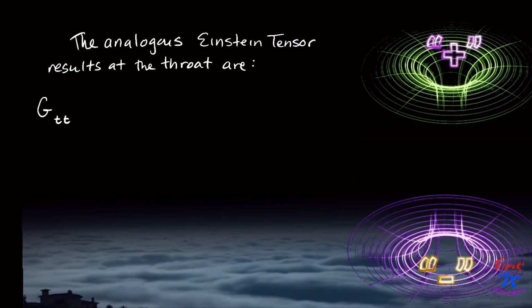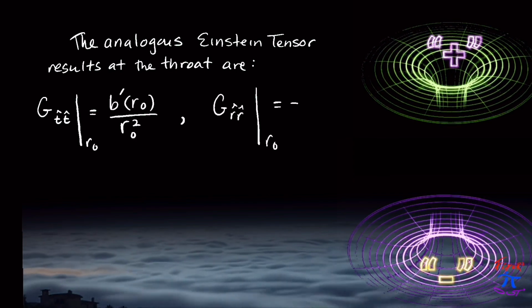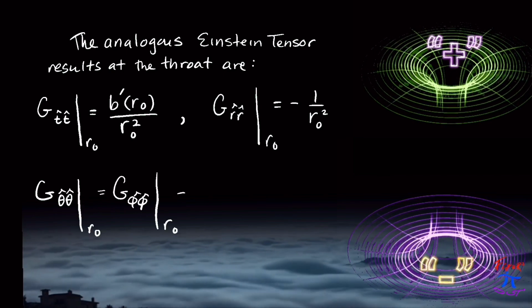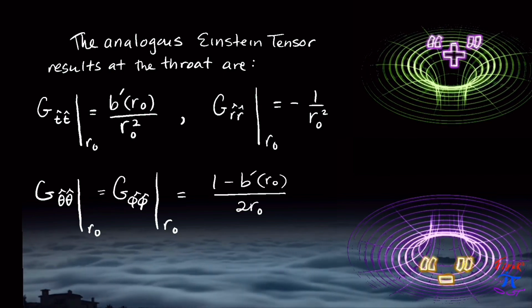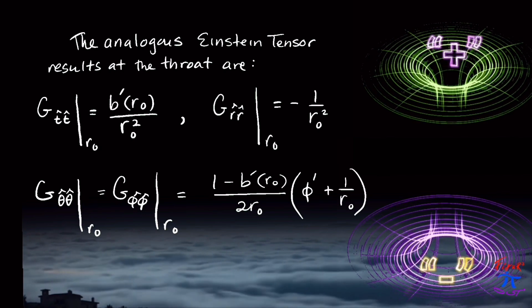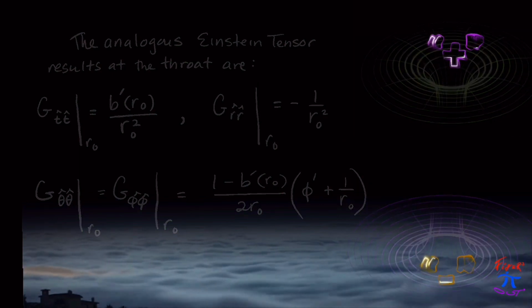The analogous Einstein tensor results at the throat are given here, and due to spherical symmetry, the two angular components are equal. And this allows us to deduce the energy conditions.